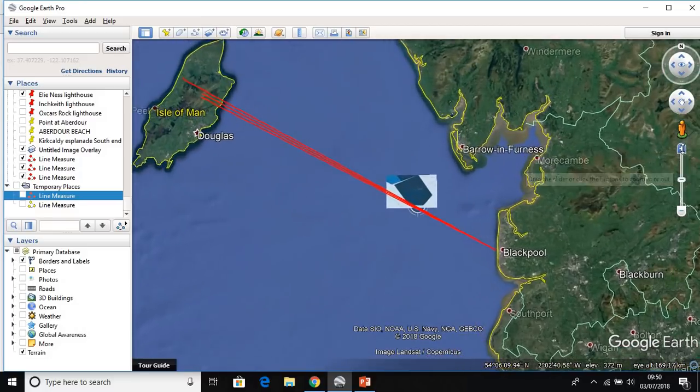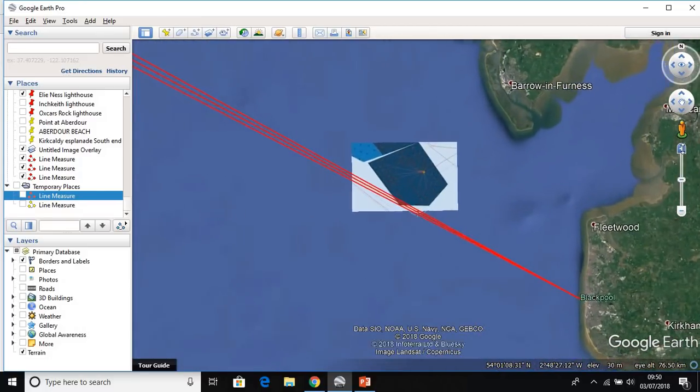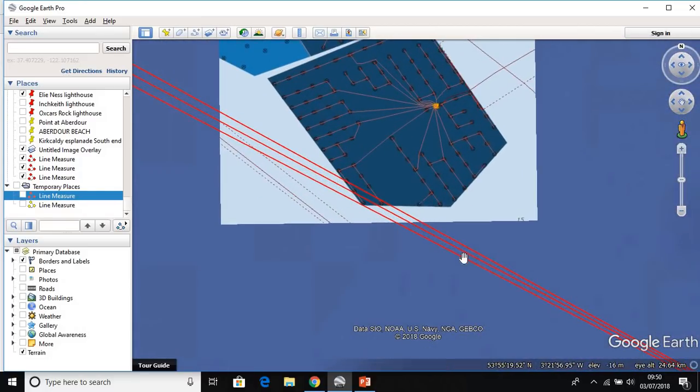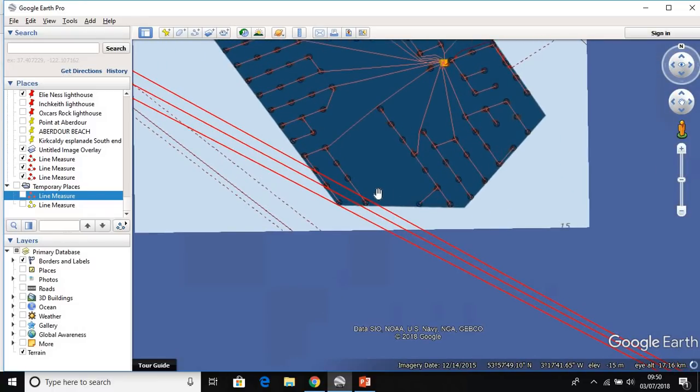Here is the North Sea again, with the Isle of Man and Blackpool. And what I've done is overlaid accurately the West Duddon Sands wind farm here. And we can see that our line of sight to the tallest point on the Isle of Man, Snaefell, is just to the left of this wind turbine here.